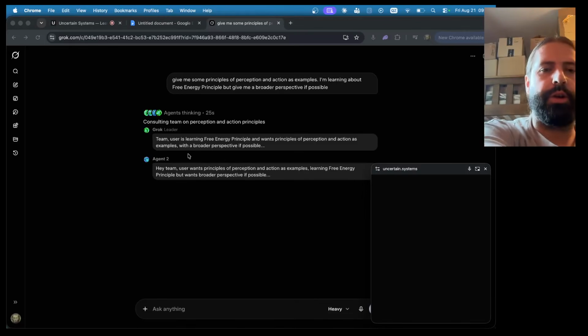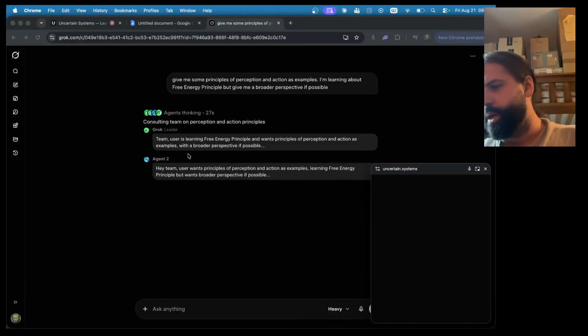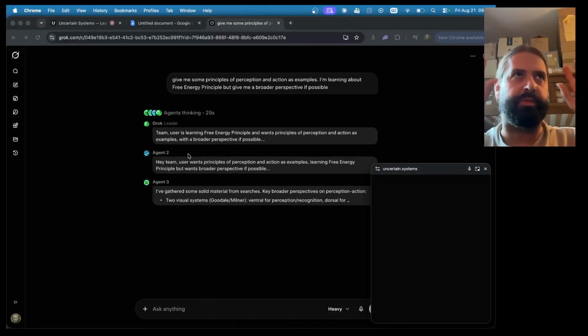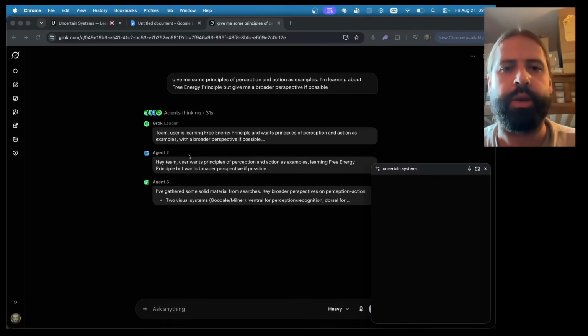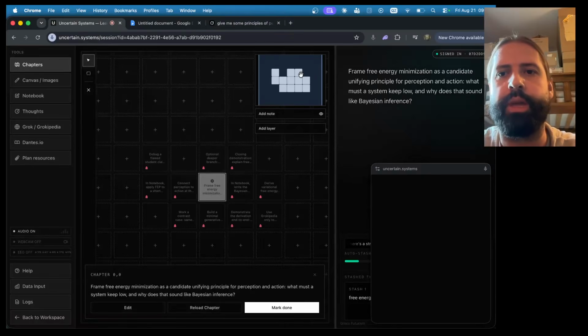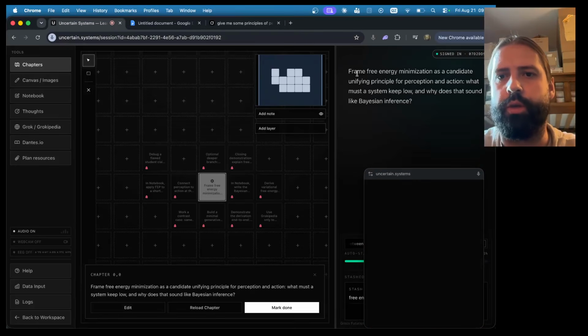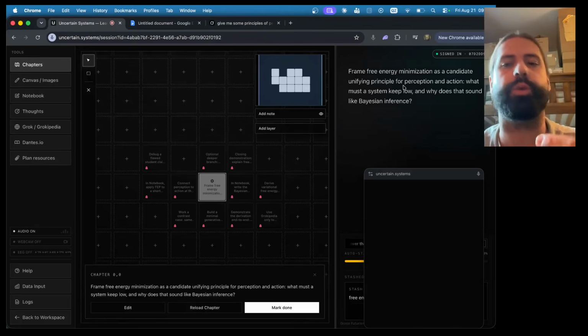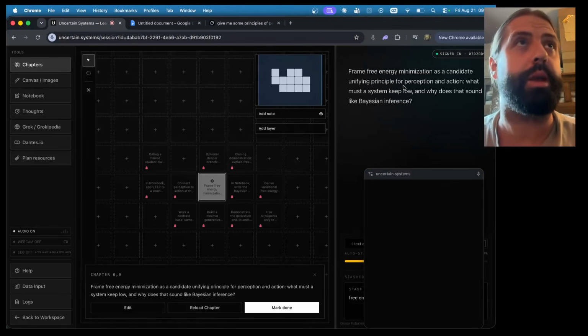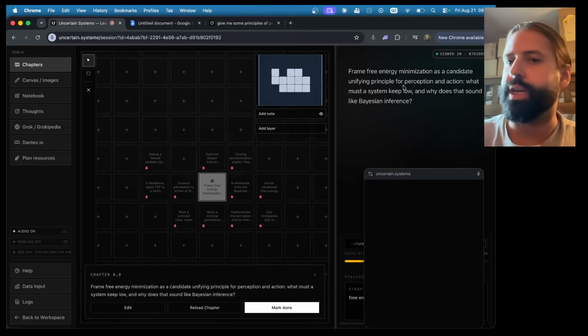And note, this is maybe a bit of a meta comment, that there's a structural difference between me having to take that action explicitly, taking this question and going out somewhere to find the answer, and me reading through a generated text where the information is laid out for me and I'm supposed to just read it and understand it.